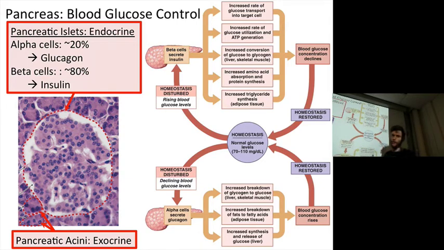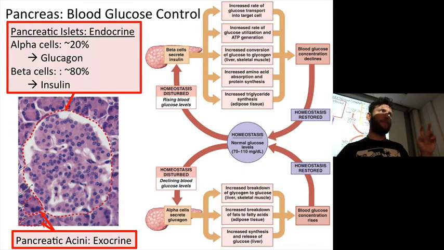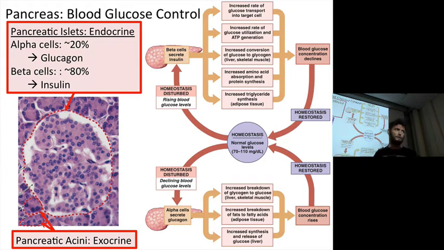The endocrine cells are vastly outnumbered by the exocrine cells. The endocrine cells, which are the ones we're concerned with here, form what are called the islets, the pancreatic islets. You may have heard of the eponym islets of Langerhans, after the histologist who first identified the islets of Langerhans.